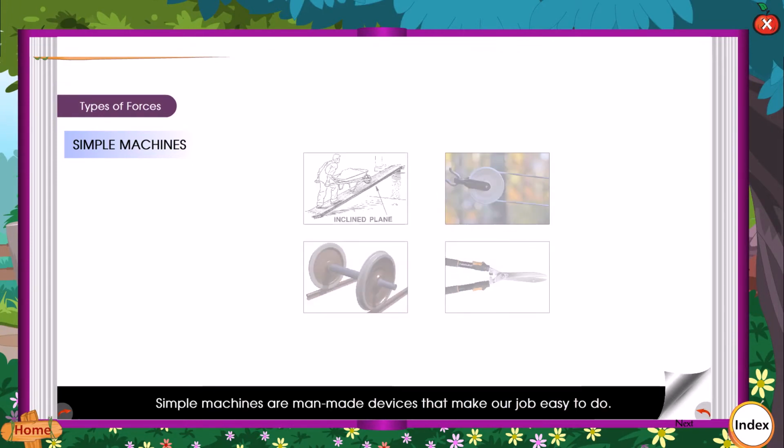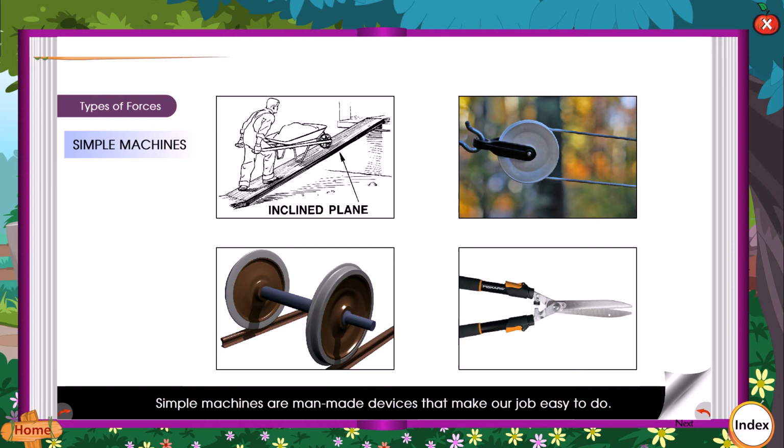Simple machines. Simple machines are man-made devices that make our job easy to do.